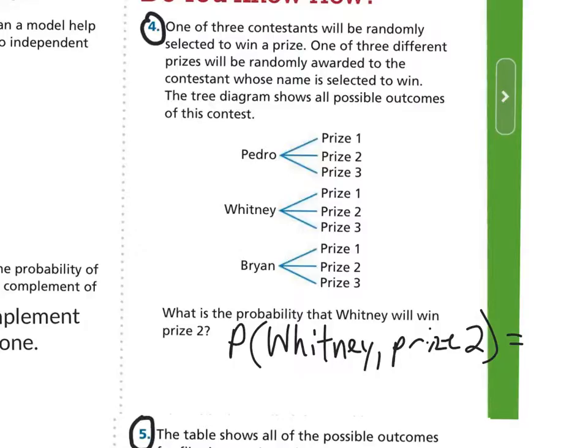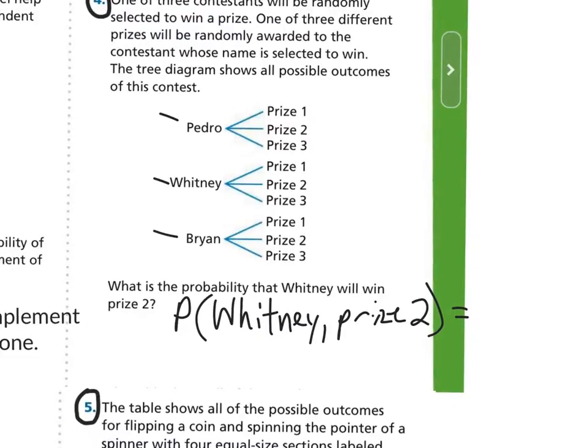There are 3 people, so she's got a 1 out of 3 chance that her name is going to be drawn. And then if she's drawn, prize 2, well, there are 3 prize options, so getting prize 2 would be a 1 out of 3 option. If you multiply those together, that would be a 1/9 chance of choosing Whitney and prize 2.